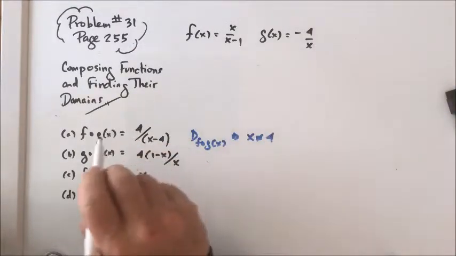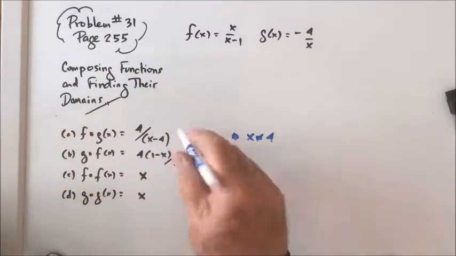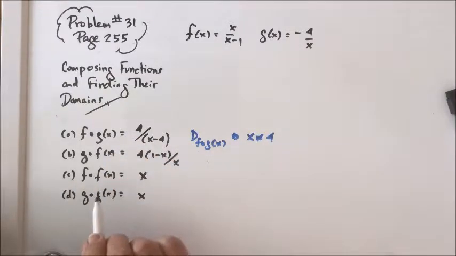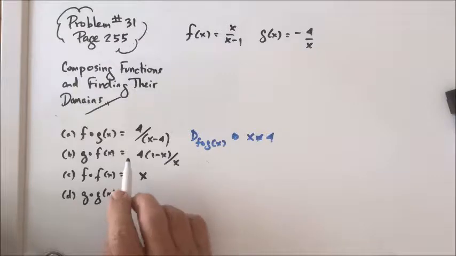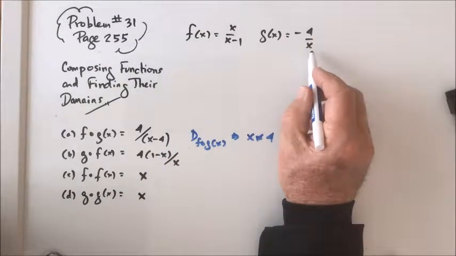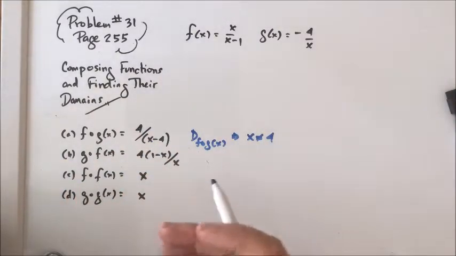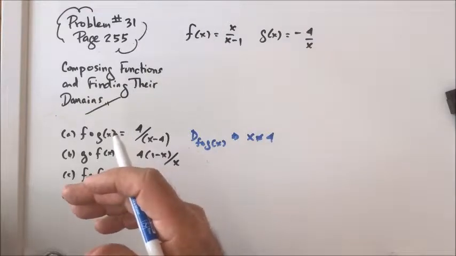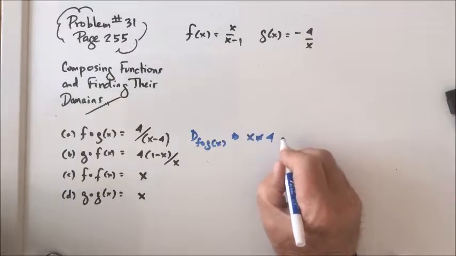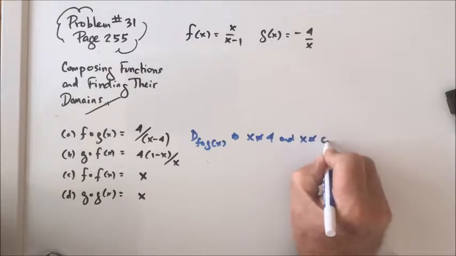So it's not possible for you to put x equals 0 into this function, even though it looks perfectly fine when you look at the overall composite function. But if you go back up here, g is not defined at x equals 0, all right? And therefore you can't put the value 0 into g and therefore into f, since g is not defined. So the domain here is x does not equal 4 and x does not equal 0.